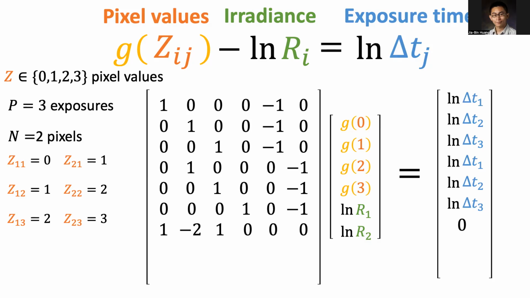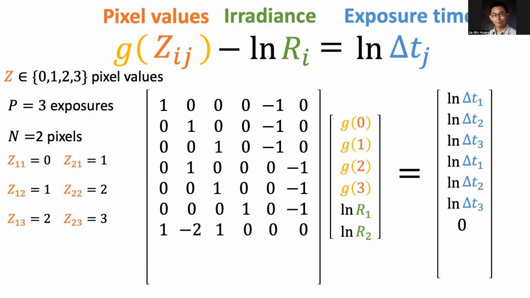Yeah, a different kind of curve. But of course, if you already know the camera very well, for example, I have a cell phone that is already calibrated, which means I already know what G is. You don't need to solve for G. You just solve for this, so it becomes easier to solve.